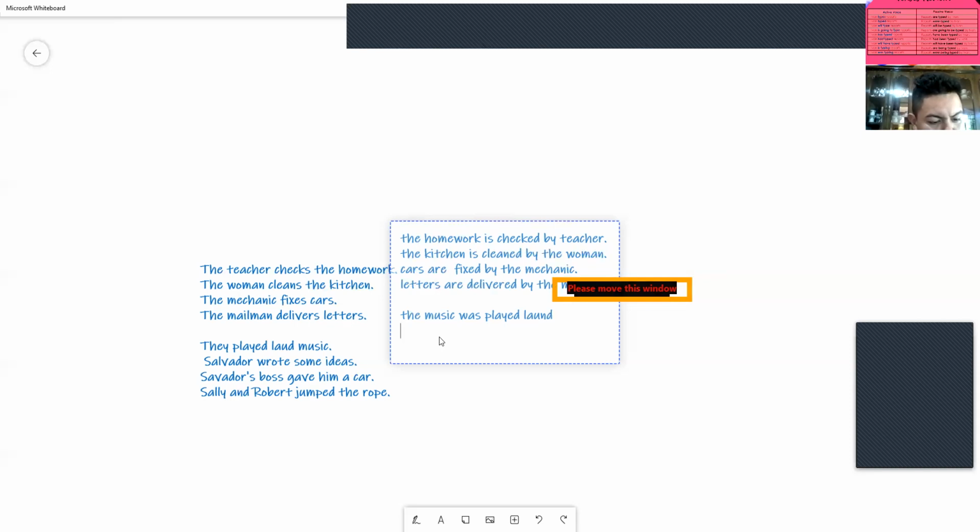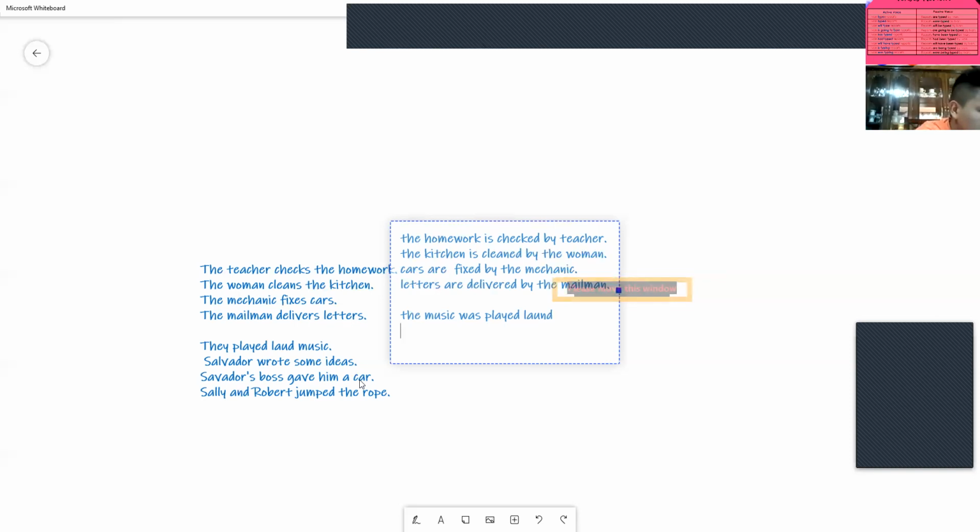Ahora, en voz pasiva, ¿cuál es tu sujeto? ¿Quién recibe la acción? Pero es que dice Salvador escribió algunas ideas. Algunas, ok. ¿Cómo dices algunas?